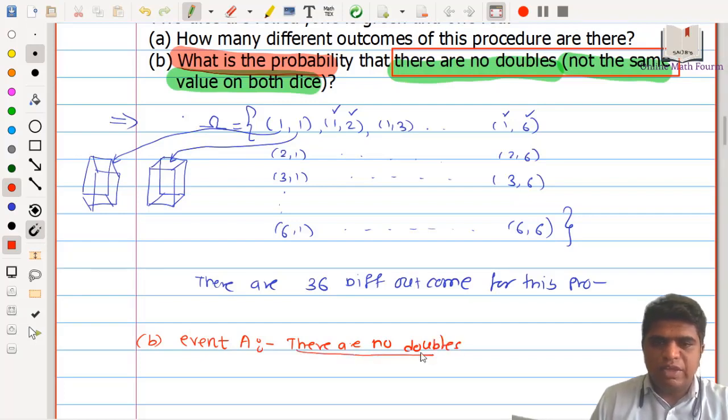Event A must contain those outcomes from these which contain no doubles.